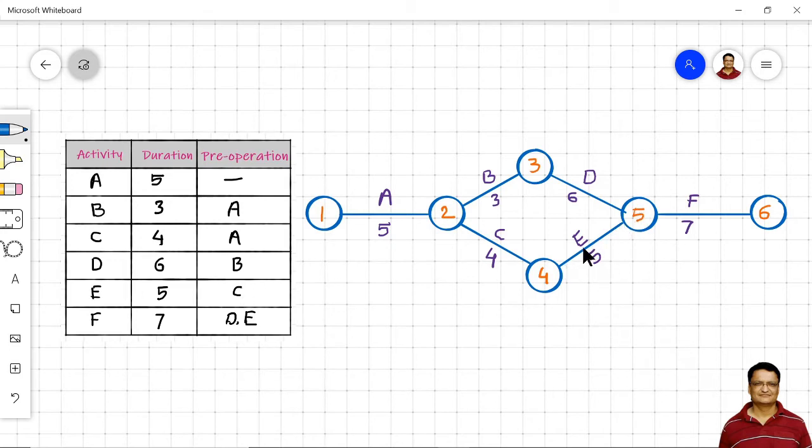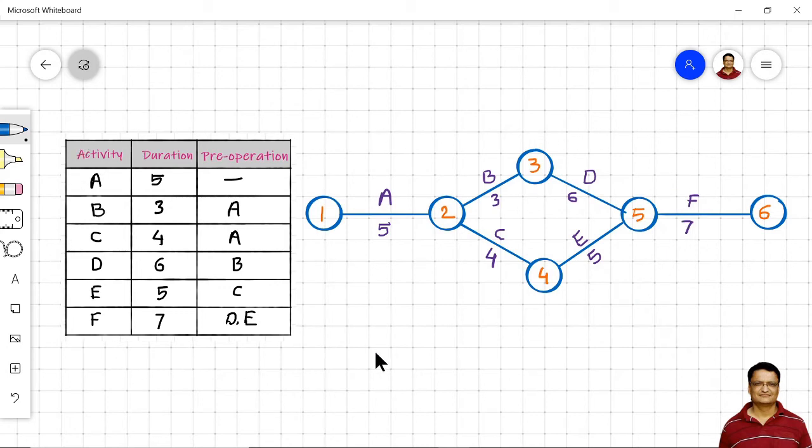One thing to be noted here is that these two activities D and E are coming together at one event, and that event will be the starting point of activity F. So D and E are coming together at this event, and from this event activity F will start and it will end in a last event. So this is the complete network diagram for the data presented here.